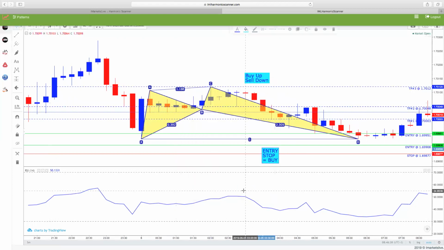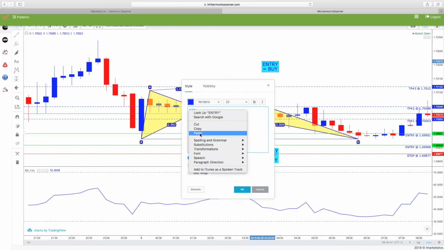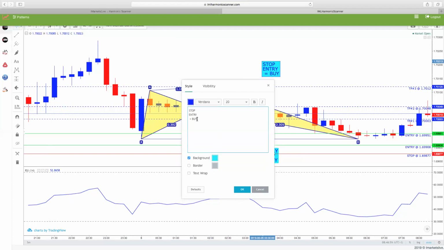I'm going to get rid of this one. And vice versa, I'm going to write that up here. Anytime you see your stop above your entry, this is going to be a sell, okay?